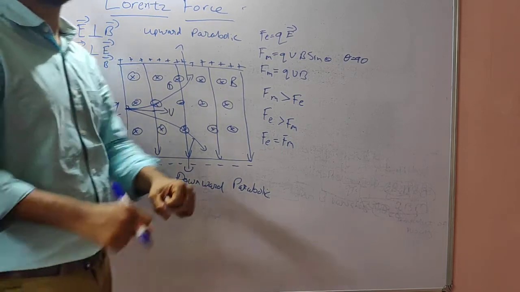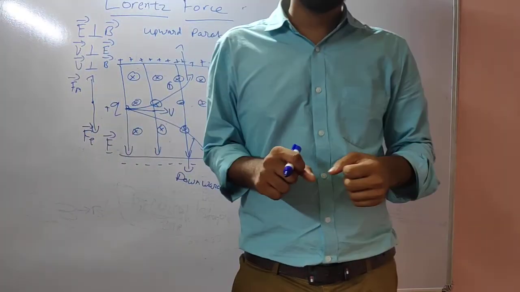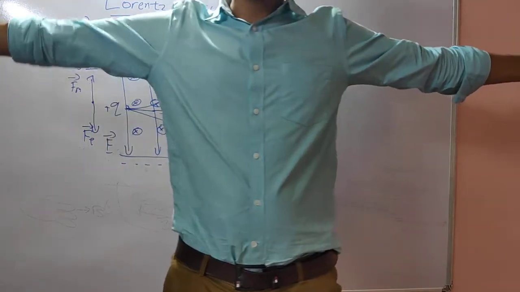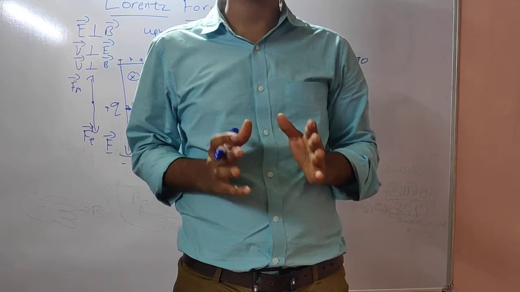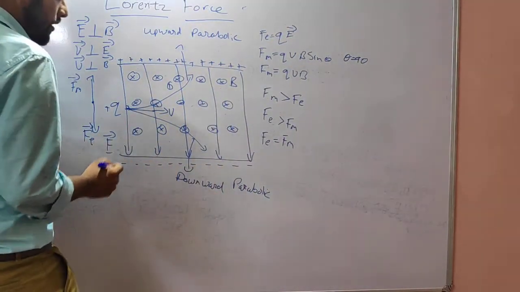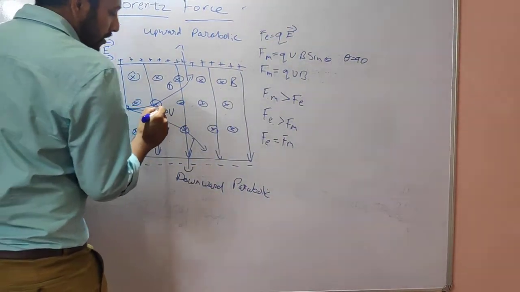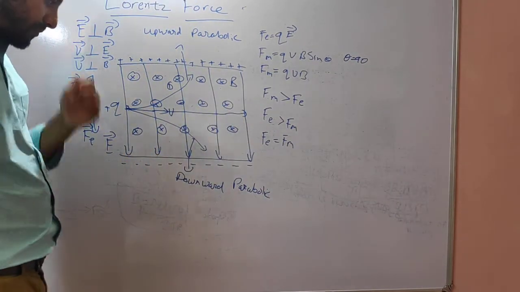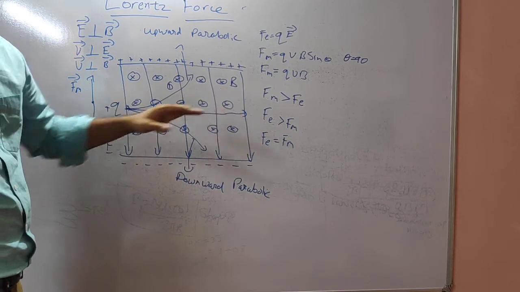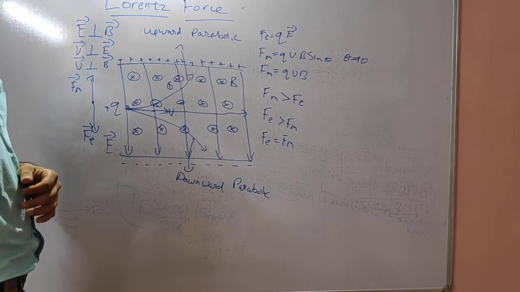Like tug of war, if both teams are equal, what will happen? One man will pull from here, one man will pull from there, and the middle portion will remain in the same condition only. So here the charge will continue to move in the same direction without any deflection.